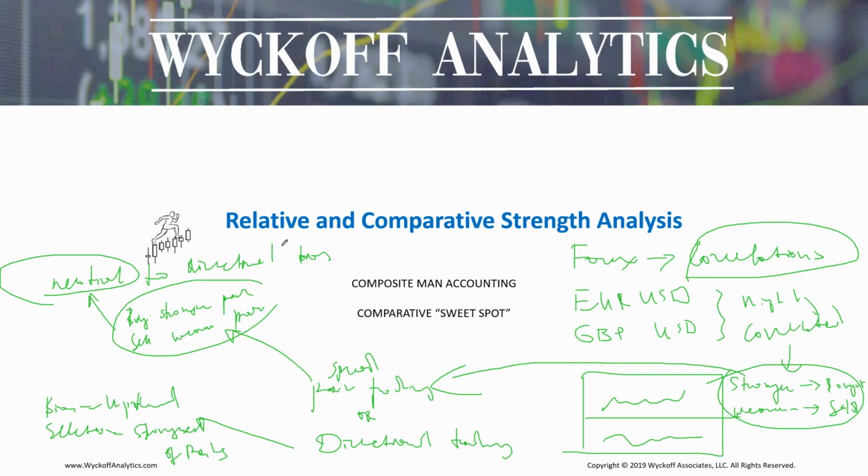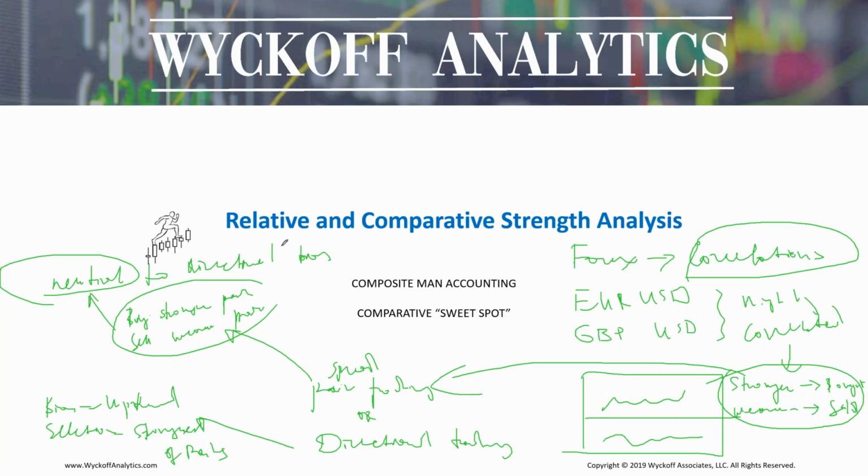You define which asset is stronger. You want to be in that asset, because the idea here is that the stronger asset is going to produce a better effect than the weaker asset. It suggests that institutions are more interested in that pair, so they're going to go for that rather than the other pair.